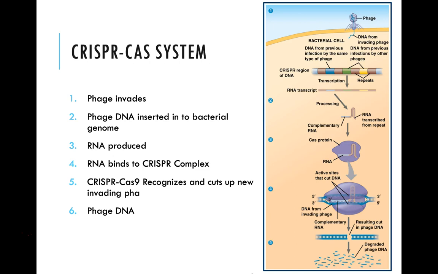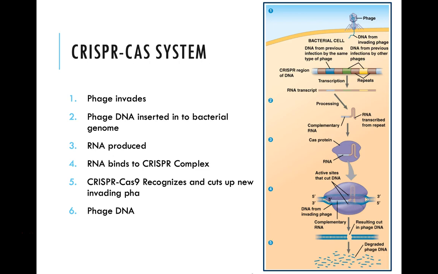So this diagram shows what's happening in the CRISPR-Cas system. A bacteriophage injects some DNA. That DNA gets broken up and is inserted into the CRISPR region. Then that CRISPR region is copied, turned into RNA. We'll talk about that process a little bit later.